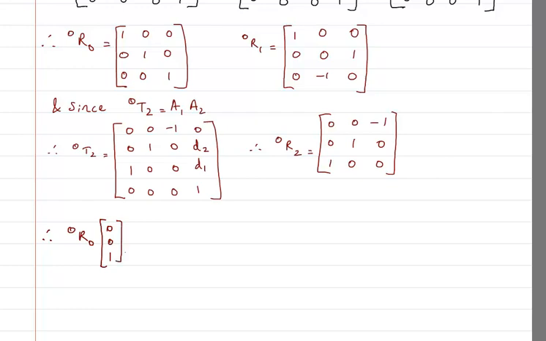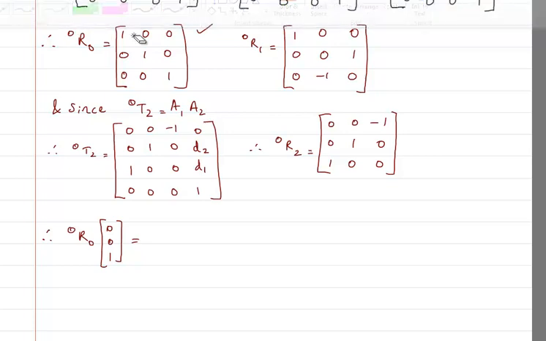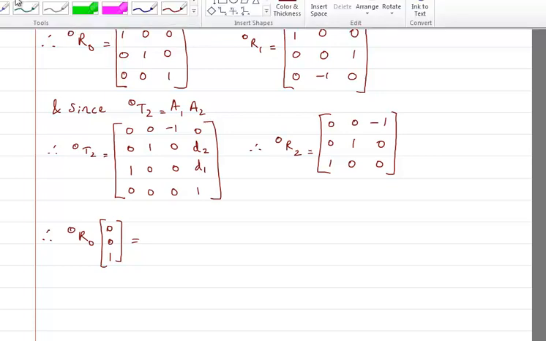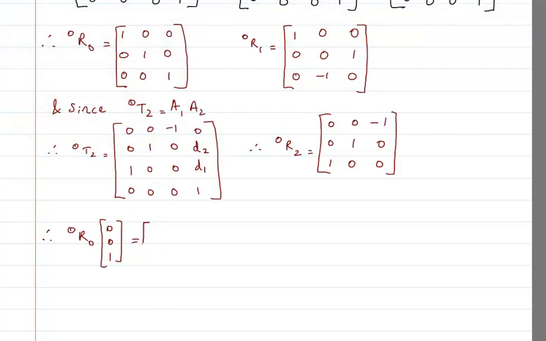If I multiply this with this particular matrix 0, 0, 1, as I can see, it is directly going to pick only the last column because it is 0, 0, 1. So the last column will be picked, and I will use that to finally write the answer as 0, 0, 1 itself. So it is going to be 0, 0, 1.